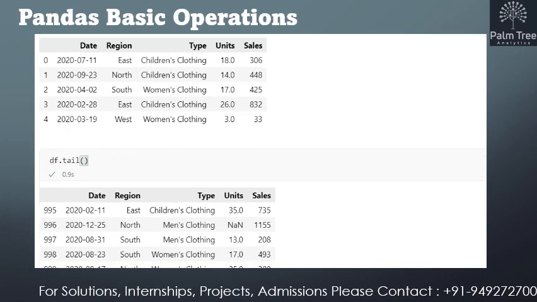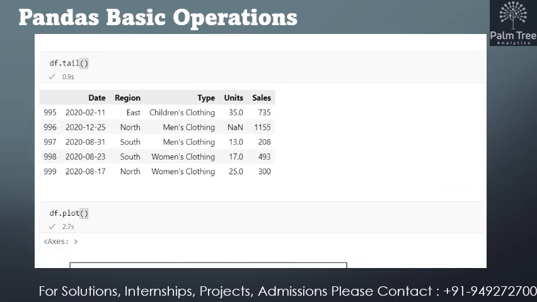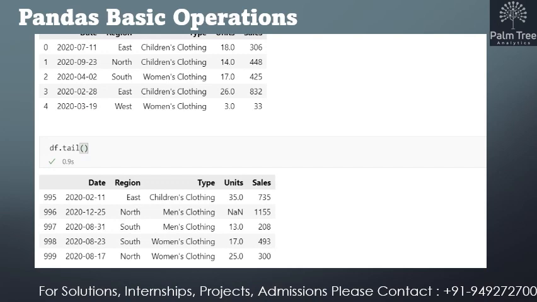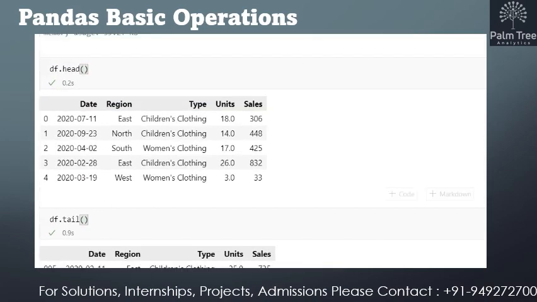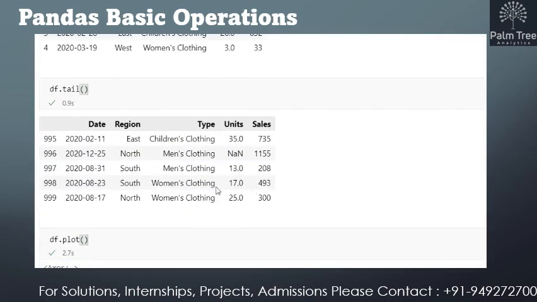Not only this, we can do some more visualizations. Head and tail are two operations: head gives the first five records, and tail gives the last five records, out of the total 1000 values.